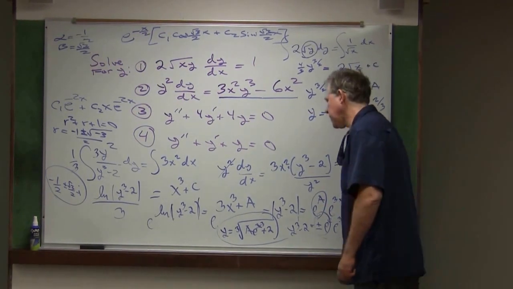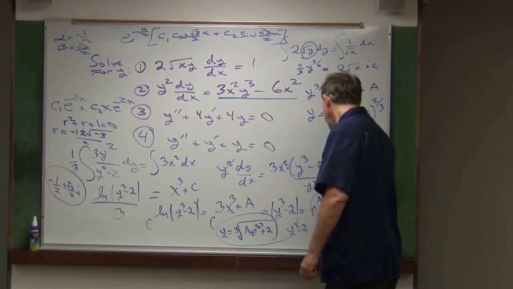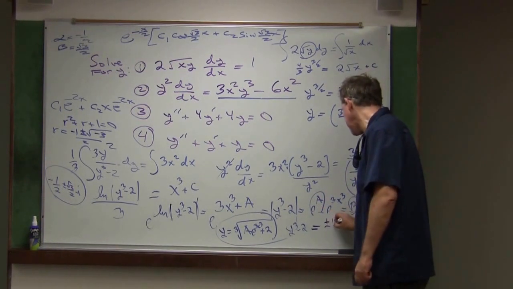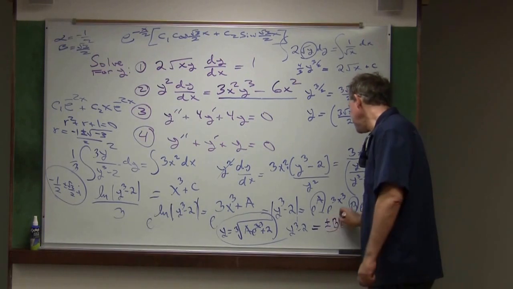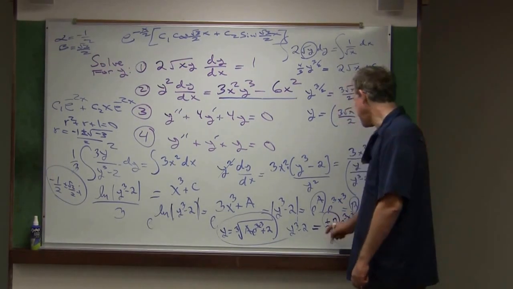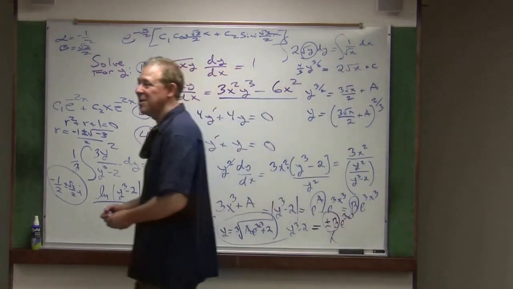If we remove the absolute values, it just becomes plus or minus b e to the 3x cubed. But then I can rename this something. Whatever you want, big K, I don't care, just rename it. It's just a constant, it doesn't really matter.